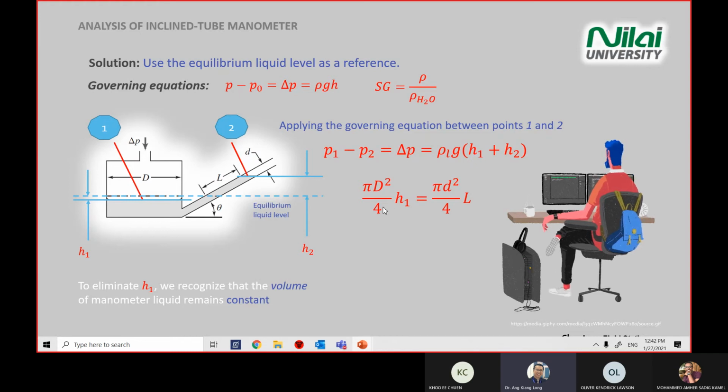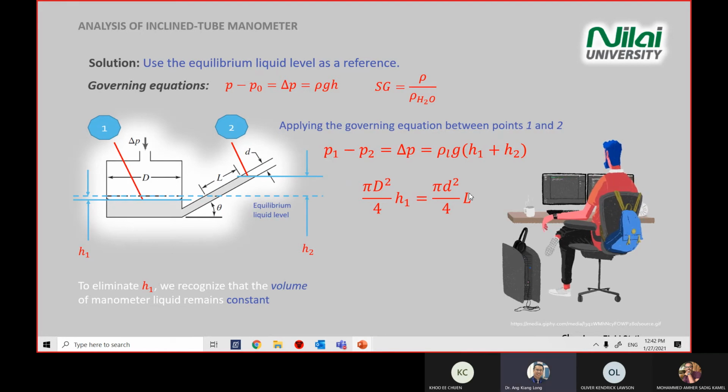How do you calculate volume in this height? Because this is a cylinder with a diameter, you take pi d squared divided by 4 times the h, you get the volume of this space here.